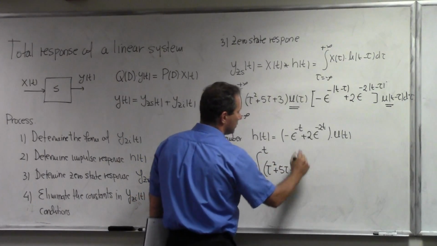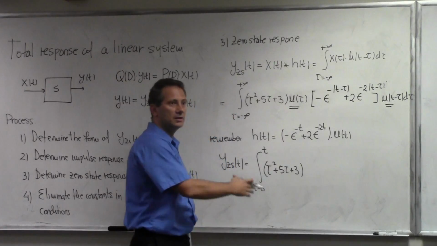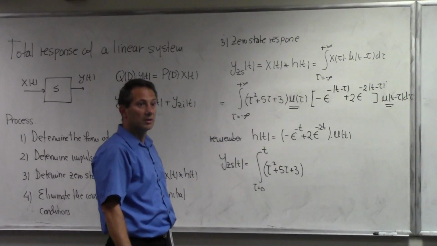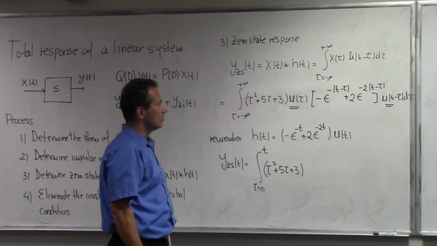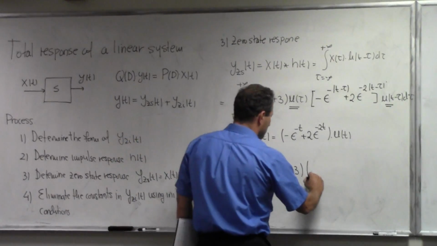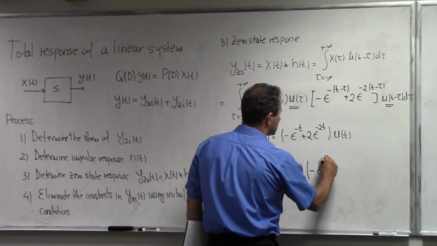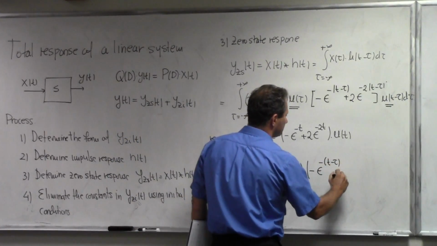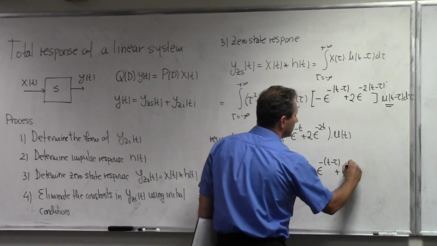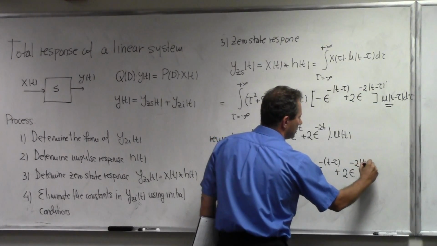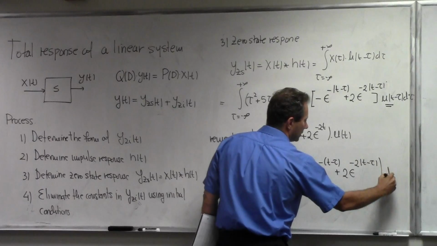And at this point you can get rid of the u's because in this interval that you're integrating, they're both equal to 1. So no need to put them in there. And then you can say minus e to the minus (t minus tau) plus 2e to the minus 2 (t minus tau), and then d tau.